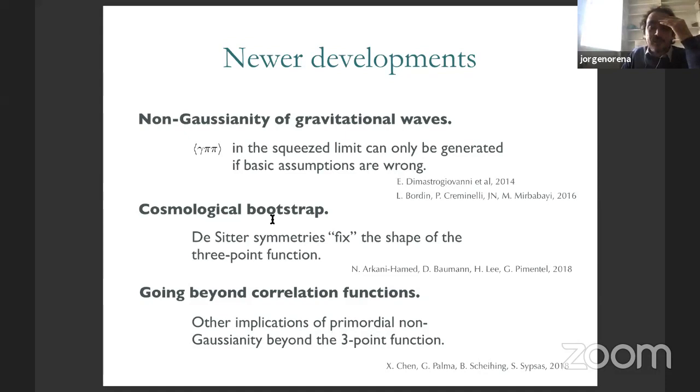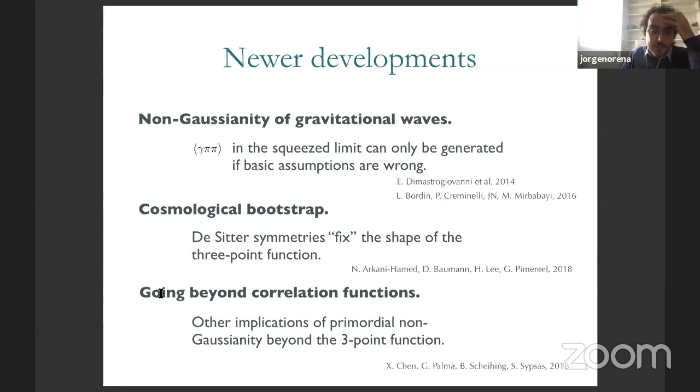It turns out that they showed that in single field inflation, the de Sitter isometries fix the shape of the 3-point function, and they managed to recover the simplest 3-point functions. It's still unclear whether one will be able to apply this to more complicated models, but it's an interesting connection between the field of computing amplitudes, etc., from symmetries and cosmology.